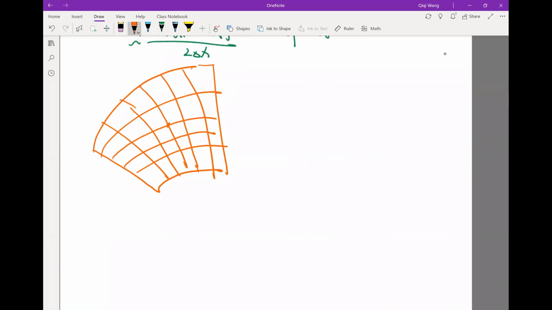So you have ij here, you have i plus 1, j here, i minus 1, j, and i, j plus 1 here, etc. It's still organized in the logical sense, but the grid lines are no longer aligned with the x and y directions, but they are curved, curvilinear, right? That's why we call it the curvilinear grid.